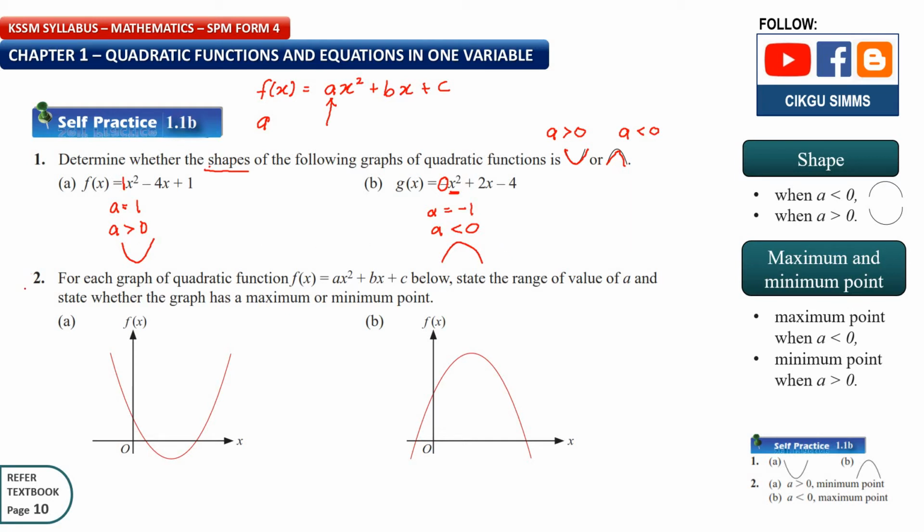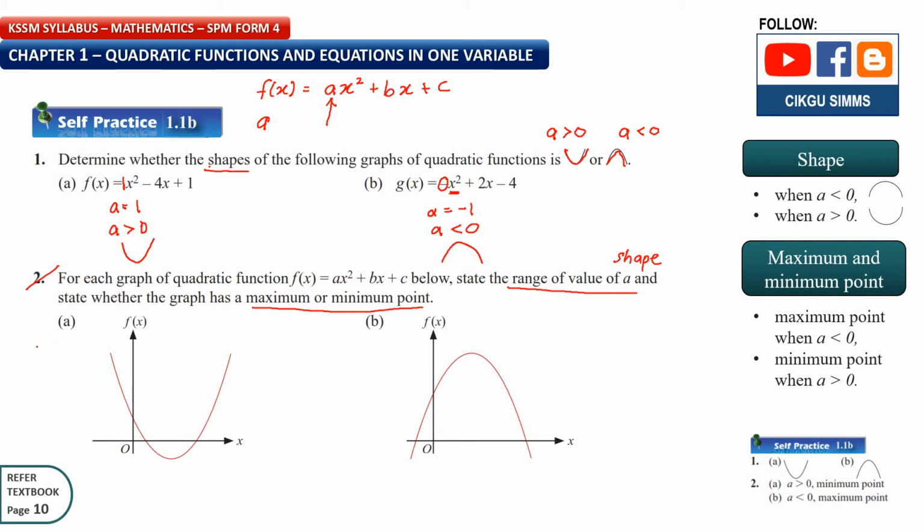So let's see question 2. For each graph of quadratic function f(x) equals ax squared plus bx plus c below, state the range of value of a, and state whether the graph has a maximum or minimum point. First, the range of value of a. You know a determines the shape of the graph, right?